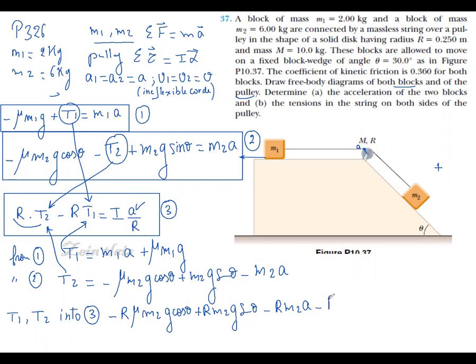Minus R times T1. T1 equals M1A plus mu M1G. All this equals IA divided by R. Okay?